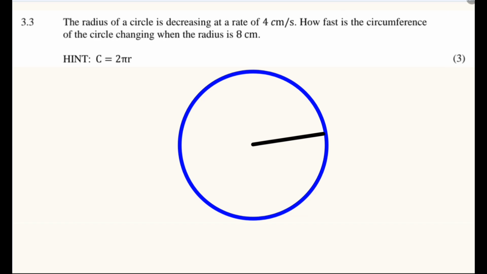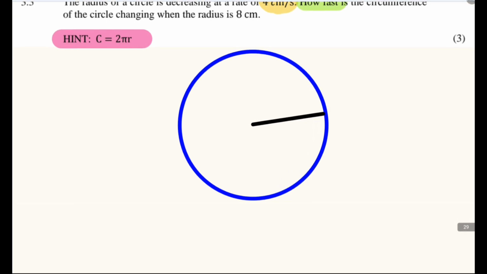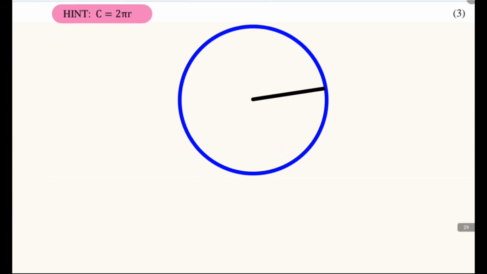Another hint is the how fast and the 4 centimeters per second, indicating that we have to differentiate the circumference with respect to time. The circle is decreasing and getting smaller, so we have the formula for circumference as C is equal to 2 multiplied by pi multiplied by r.